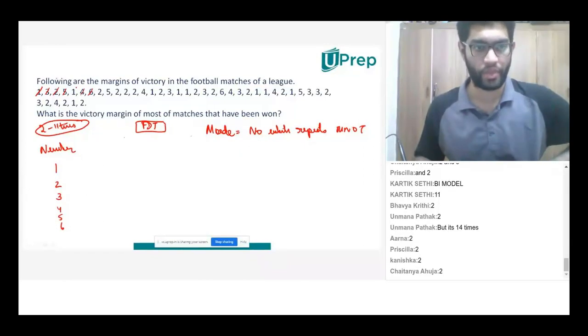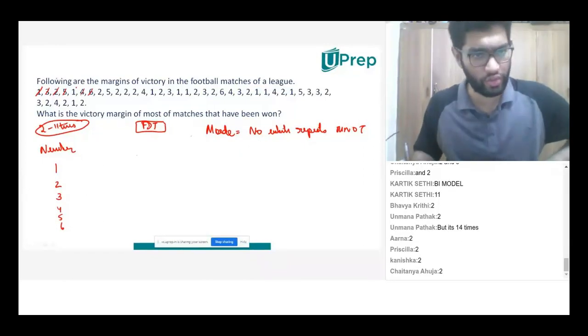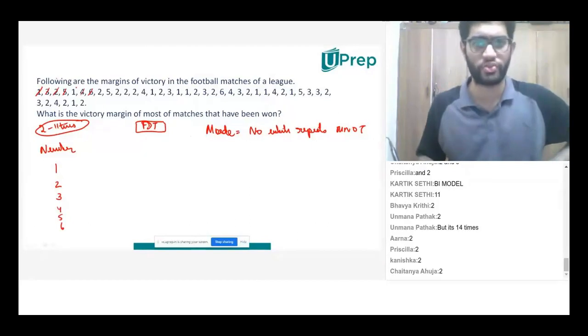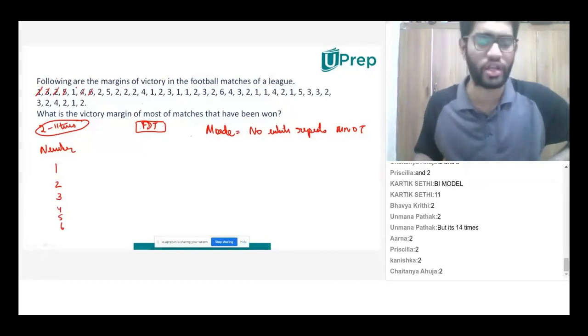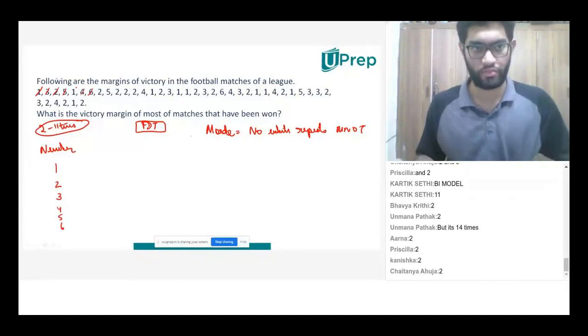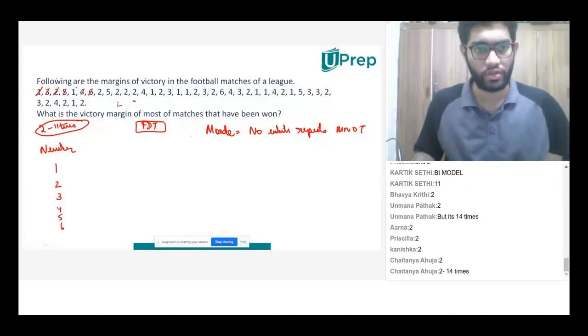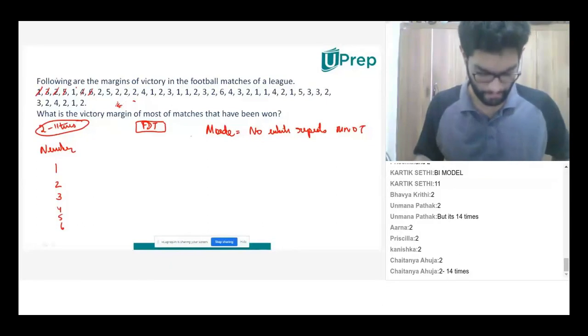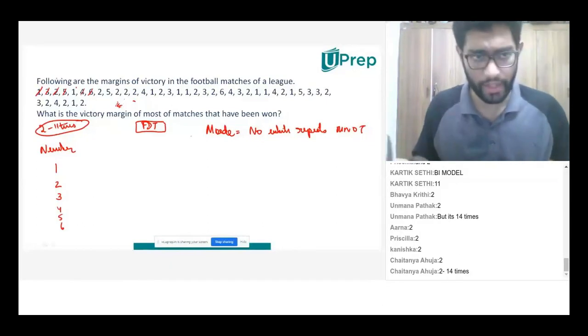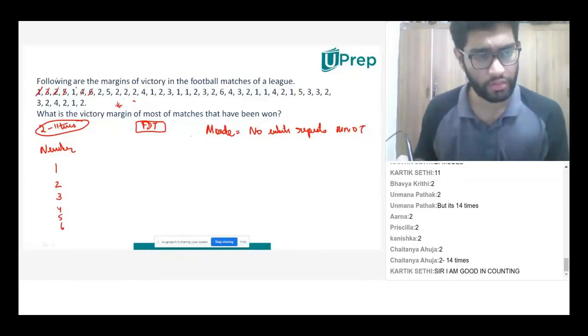Or if you're good at counting, you don't even have to put down a frequency distribution table. You can directly count. Sir, actually, while seeing also, we can say that 2 is repeated most. But there are chances of going wrong if we count directly, right?